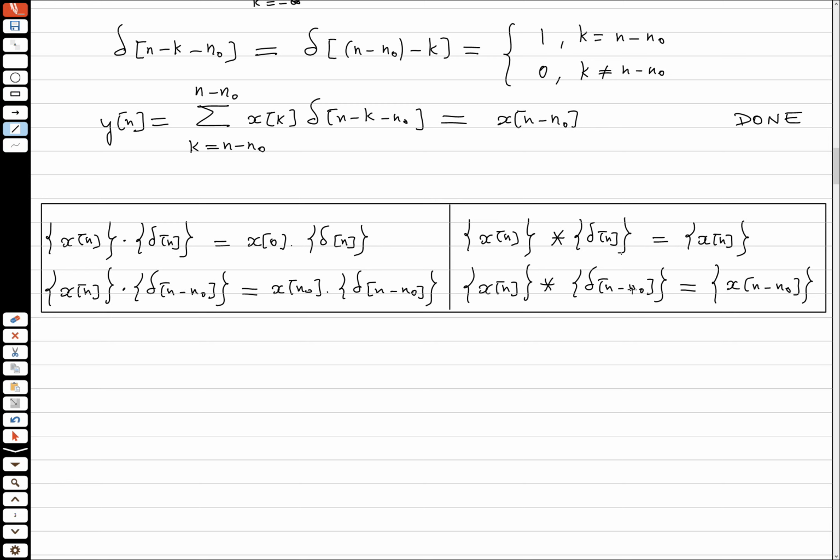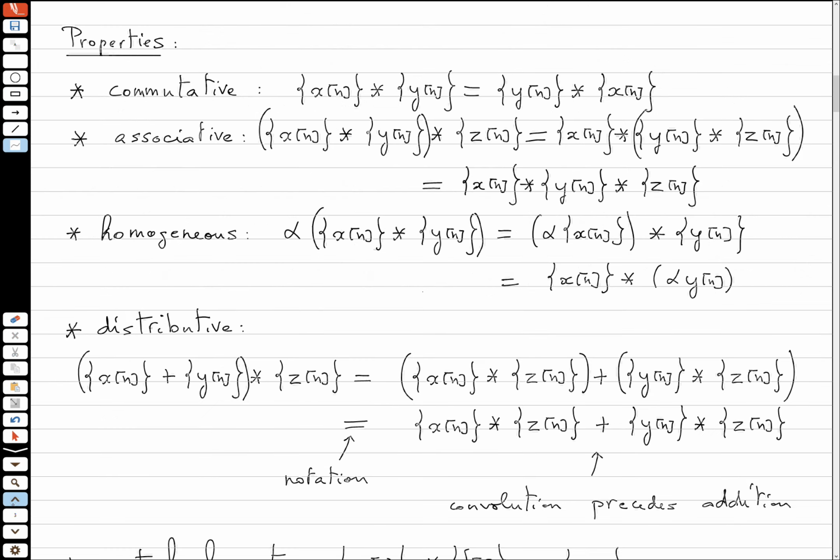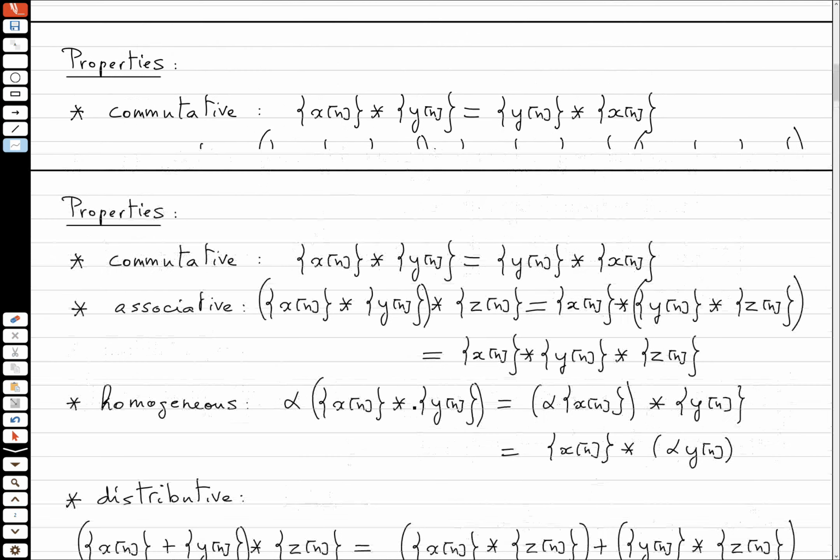And there's a time shift involved here. But we have yet another property, which is called time shift 2, which is as follows. Suppose that z of n is the convolution between x and y.